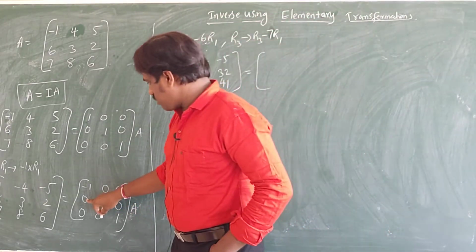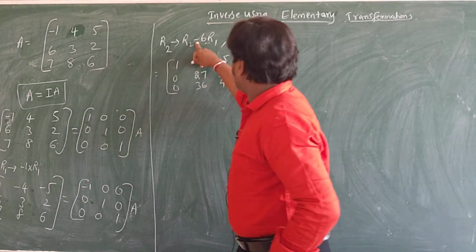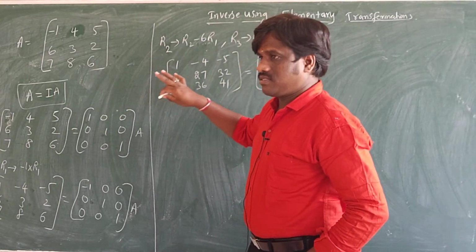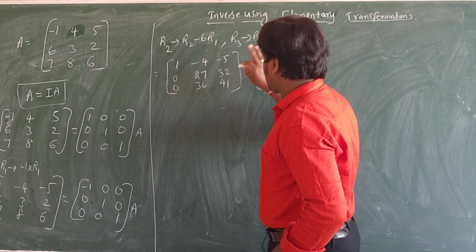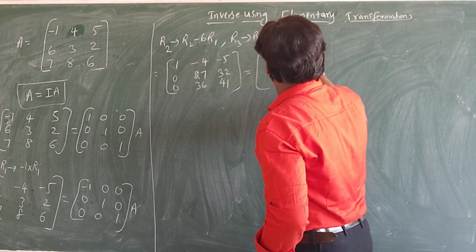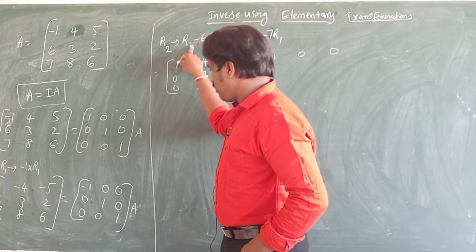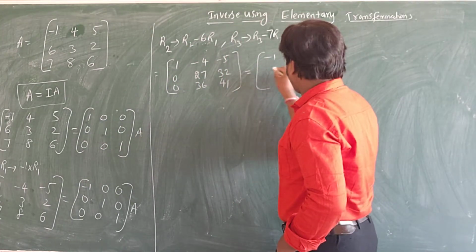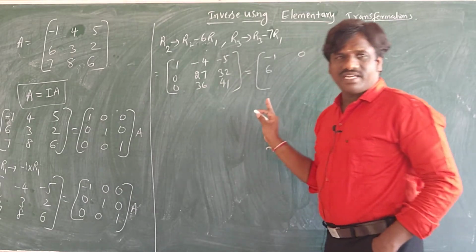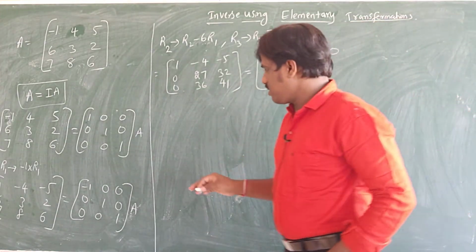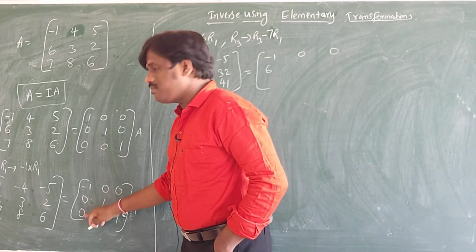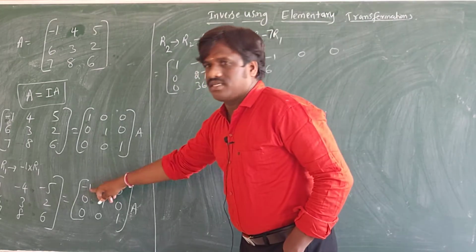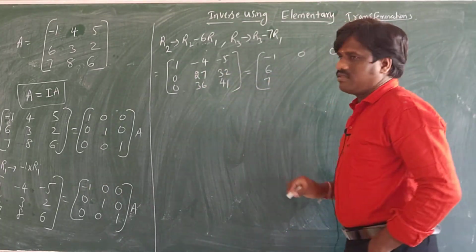Now look here. R2 means R2 is 0, then 0 minus 6 into this minus, minus into minus is plus. R1 has no change, R1 will be minus 1, 0, 0. But R2 will be 0 plus 6, plus 6. Should I write steps? Directly we can write, in 12th class we can write. Next, 0 minus 7 into this minus, minus into minus is plus 7.